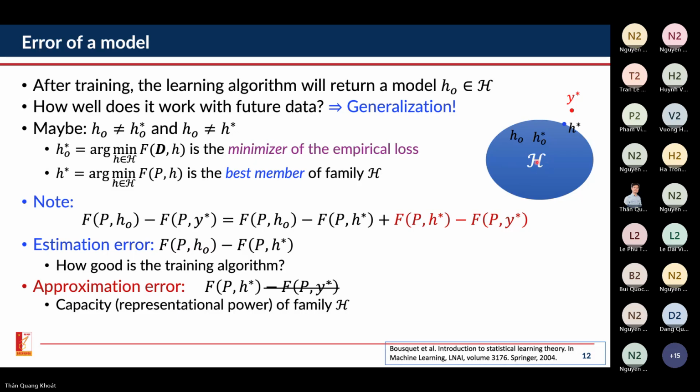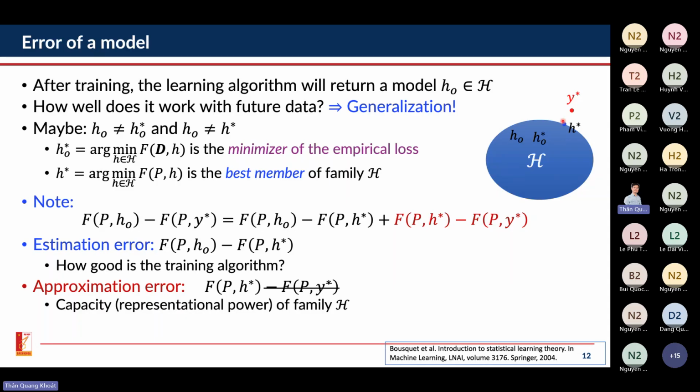So the approximation error essentially says about the capacity of this family, okay? If this family is very strong, it means that it can approximate very complex functions, right?